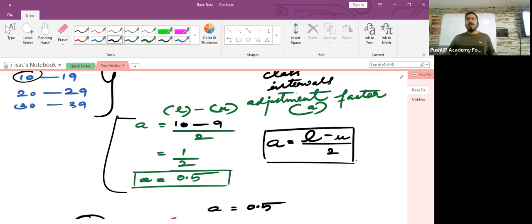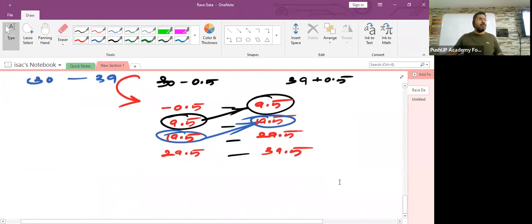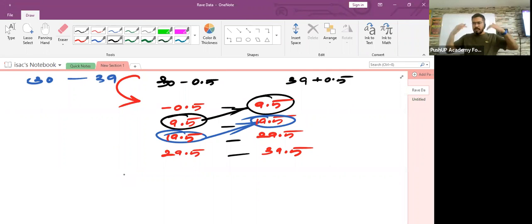Noted it? Once you're done with the adjustment factor, what you will do? You will subtract the adjustment factor from the lower limit and add the adjustment factor to the upper limit. Go on doing that procedure, and the final outcome is this discontinuous class interval is converted into a continuous class interval.